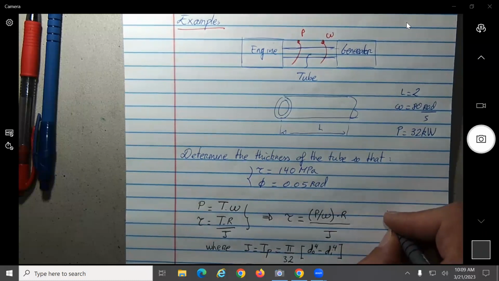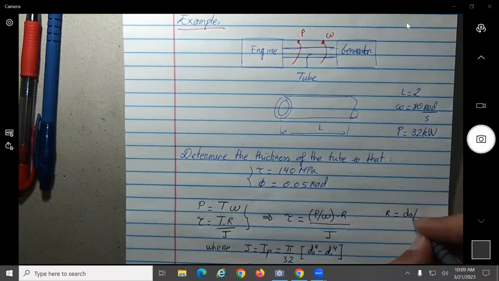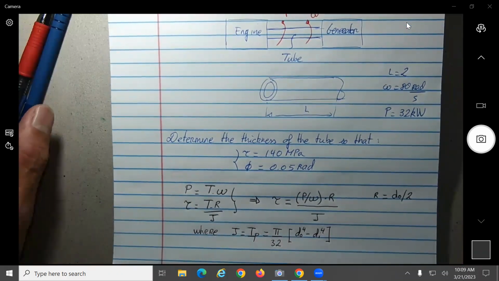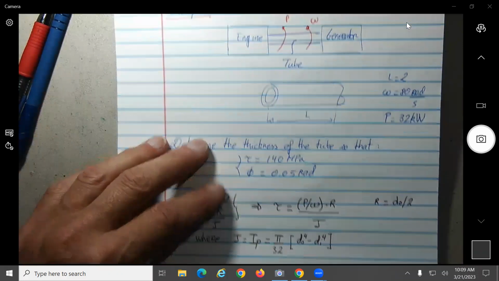Okay, so if you write everything in function of diameter, it will be easier. Here should be equal to what? Outside diameter divided by 2. Okay, so let me try to combine these two equations over here.